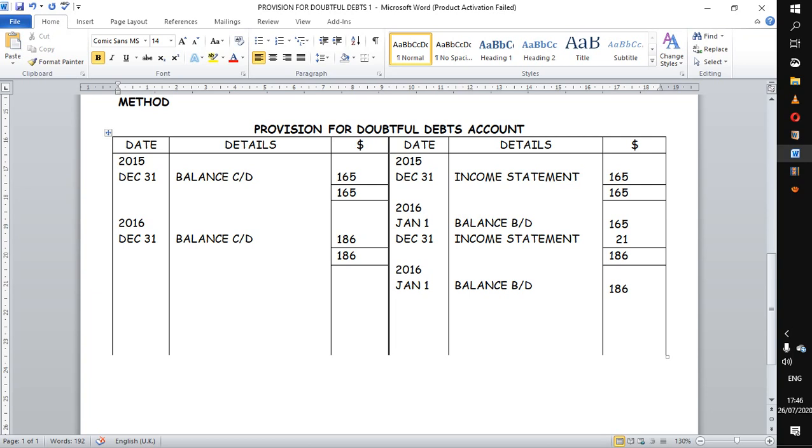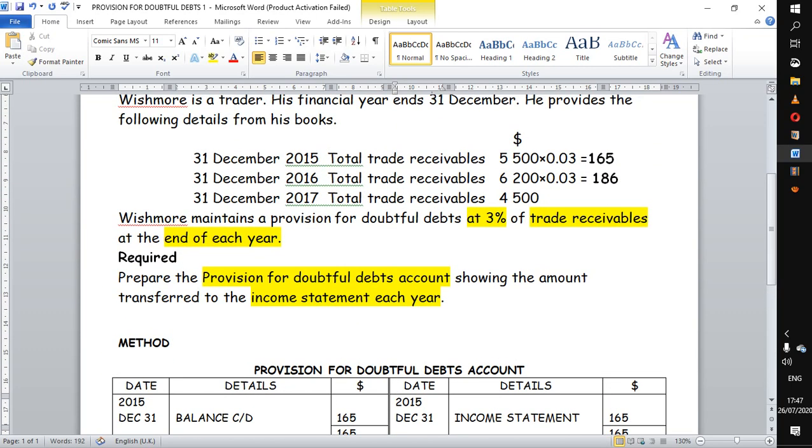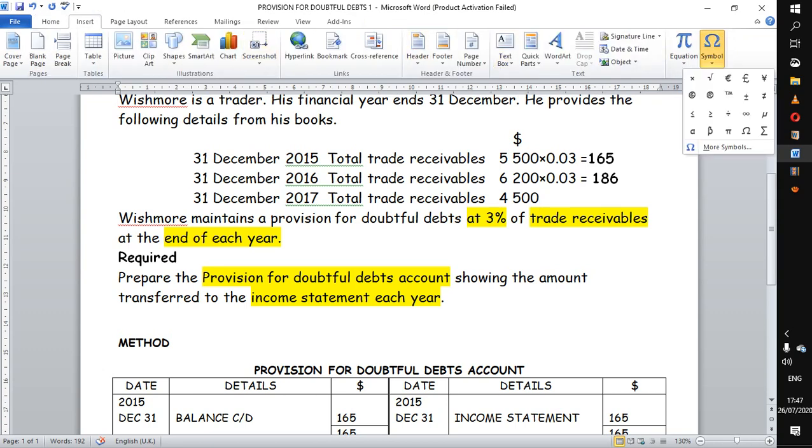Now at this point we are starting the year 2017. But in 2017, let's see what is 3% of this value. If we check 3% of that one, by calculator it gives us 135.